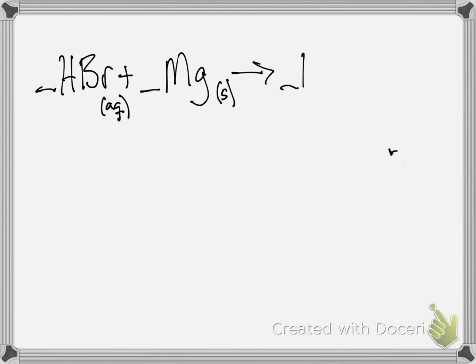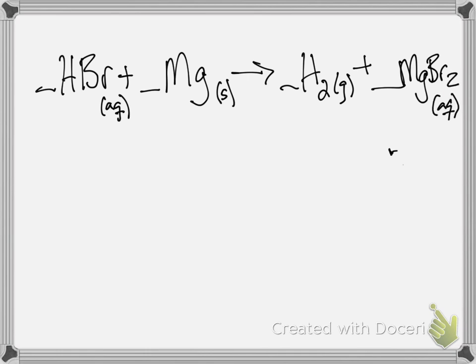Forms H2 plus MgBr2, I believe. Can we call an aqueous a solution when we write a reaction? That's fine. So for right now, I'd like to say aqueous. It's the same thing, but I want you to use the word aqueous, okay?